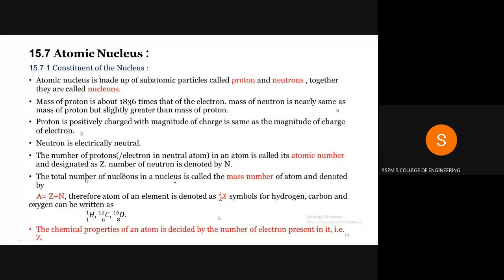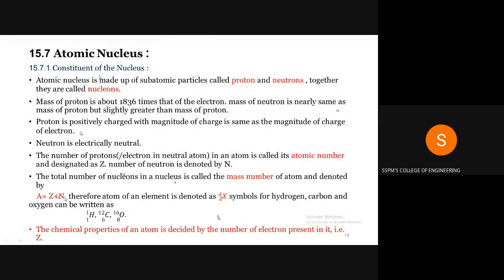And what is mass number? Mass number is the total number of nucleons in a nucleus and denoted by A equals Z plus capital N. Therefore, mass number equals atomic number plus number of neutrons.